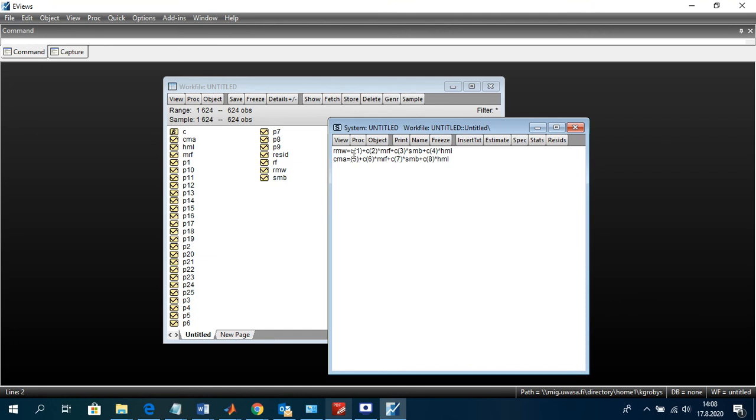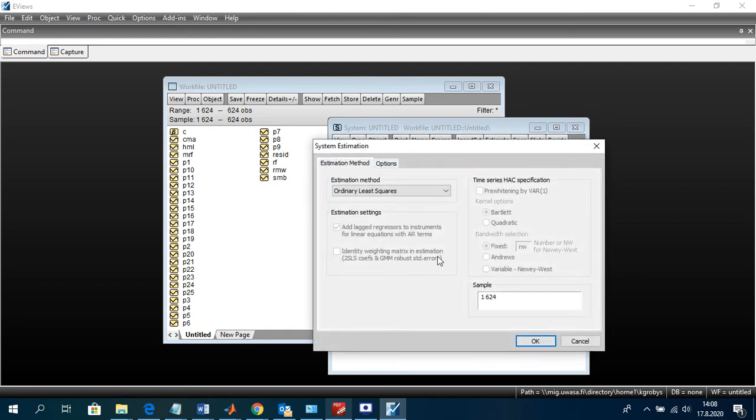And again, we are interested in C1 and C5, because those tell us if these two additional risk factors of the five-factor model expand the mean variance frontier. So again, we estimate, choose the seemingly unrelated regression technique, and push the OK button.